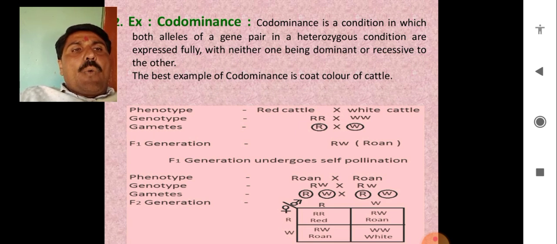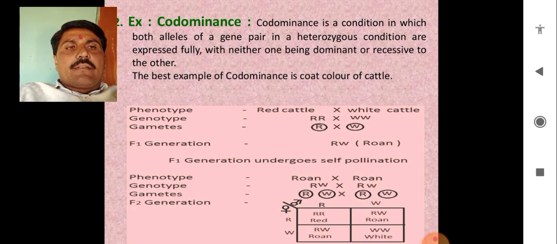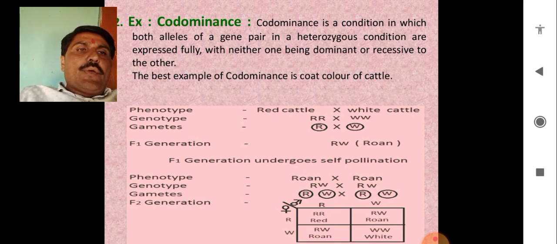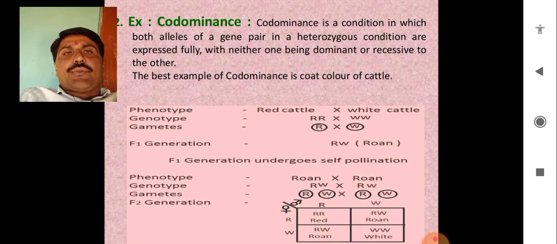When we put these genes or letters in the Punnett square, we see that we do find the ratio, that is 1 is to 2 is to 1.